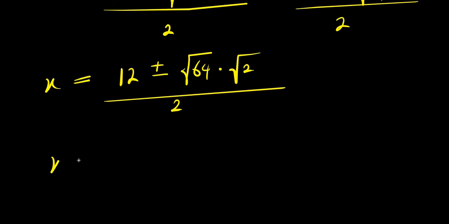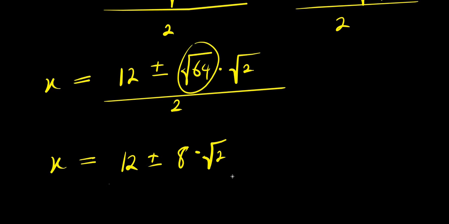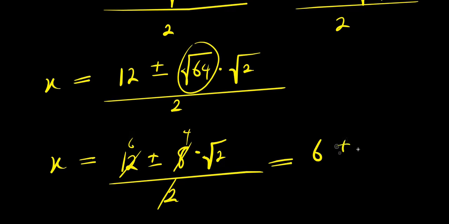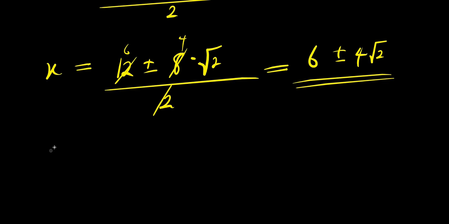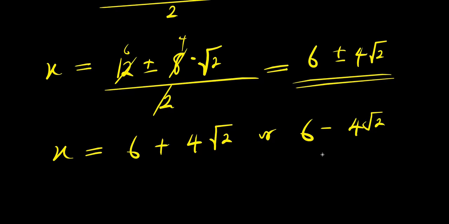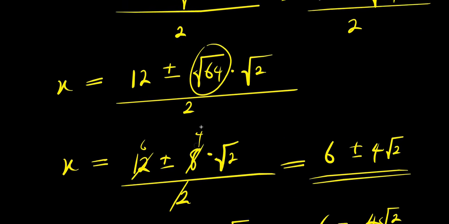So from here, x equals 12 plus or minus square root of 64, here 8, times root 2, divided by 2. So from here, this is 4, this is 6, 6 plus or minus 4 root 2. Now we have two values for x. We have x equals 6 plus 4 root 2 or 6 minus 4 root 2. And these are the two values for x.